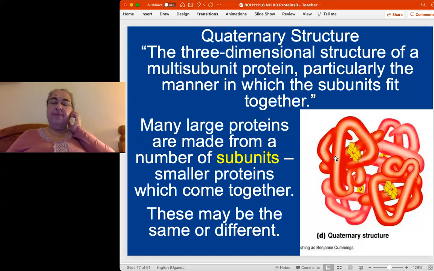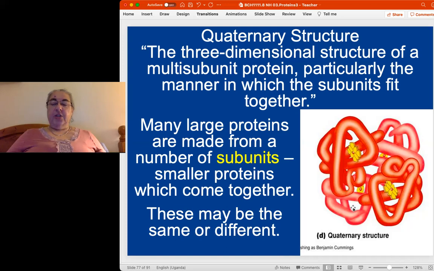And these might be the same as each other. They may be identical subunits, or they might be different subunits. So in hemoglobin, we see both. We see 2 alpha hemoglobin subunits and 2 beta hemoglobin subunits. So alpha and alpha are the same as each other, beta and beta are the same as each other, but alpha and beta are different from each other.